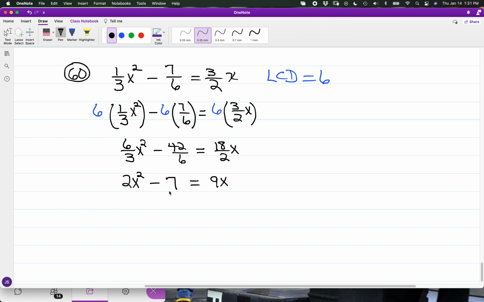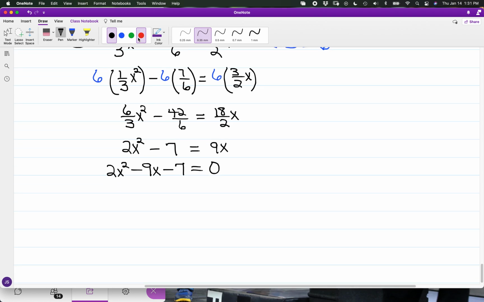I can now translate what I have into standard form, and this time with the terms arranged in descending degree order. So now we're going to have 2x squared, moving the 9x over, negative 9x minus 7 is equal to 0.